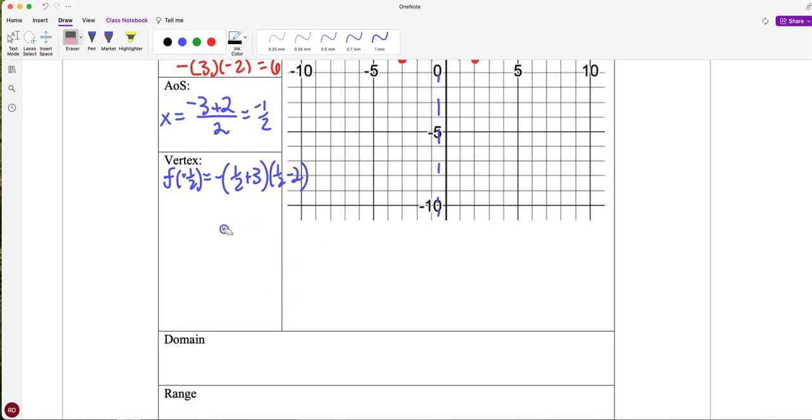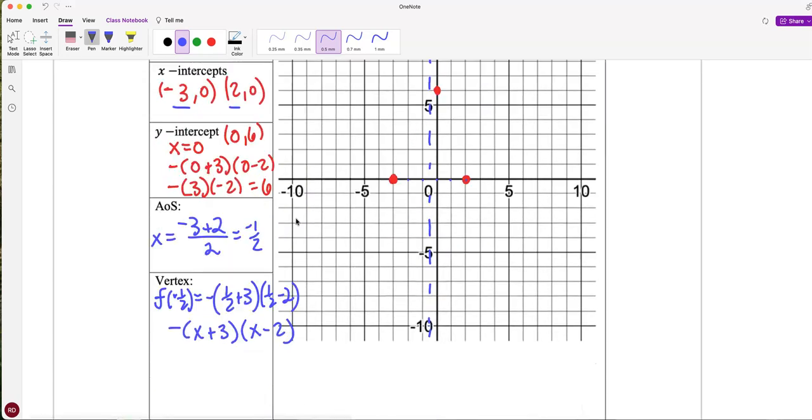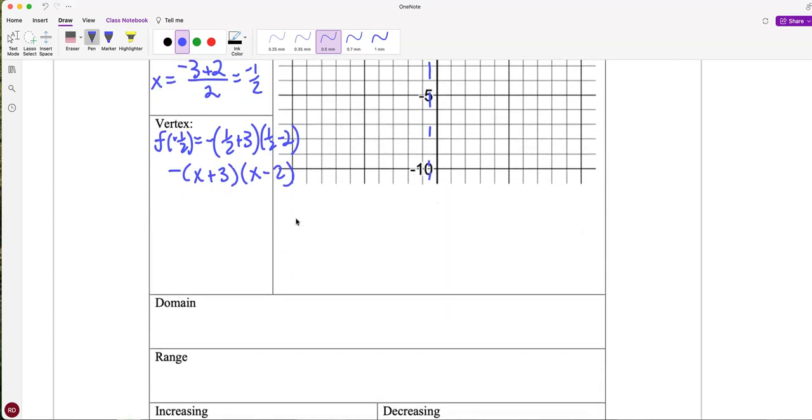So my function is what? Negative x plus 3, x minus 2, is that right? X plus 3, x minus 2. So yeah, I see the mistake I made. So when you plug in a -1/2, you get negative, minus 1/2 plus 3, minus 1/2 minus 2. Okay. So I didn't make these minus.